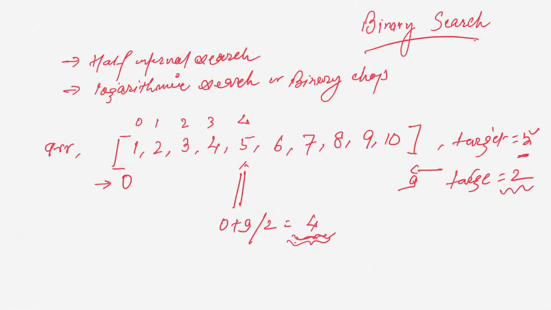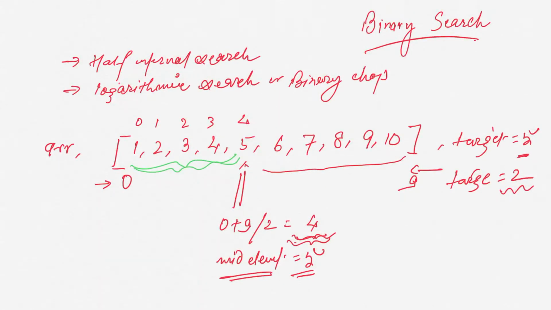The mid element is 5. If your key is lesser than the mid element, since the array is sorted, you are sure that the target value or key you are searching for does not exist on the right side. So definitely it will be found on the left.